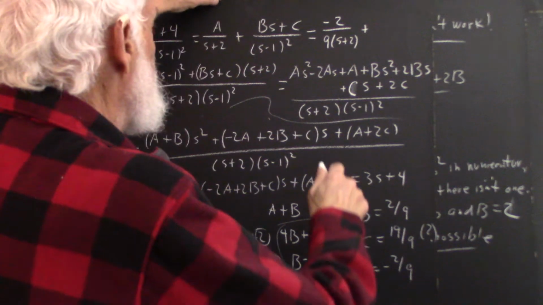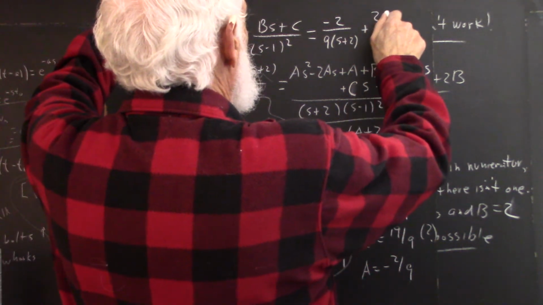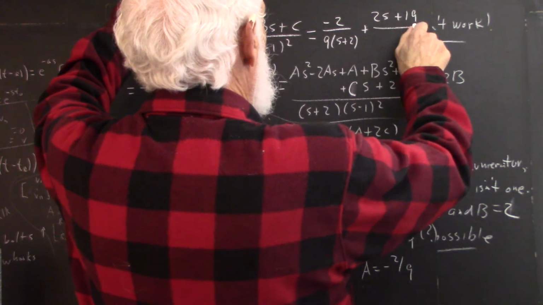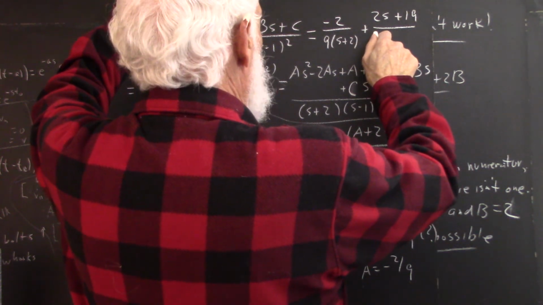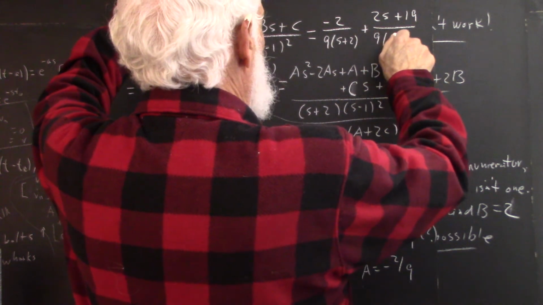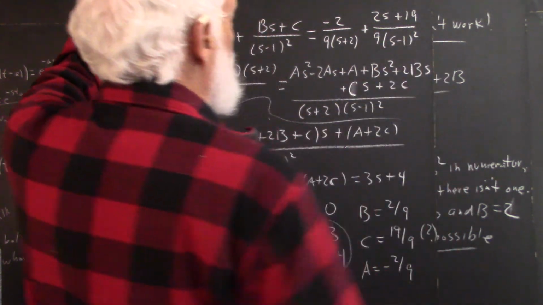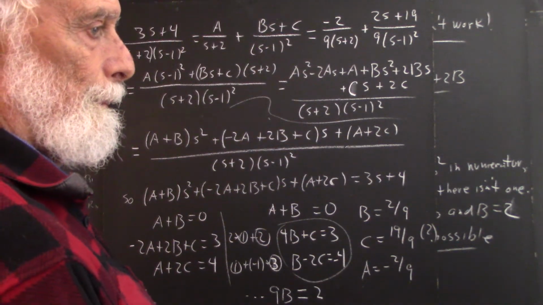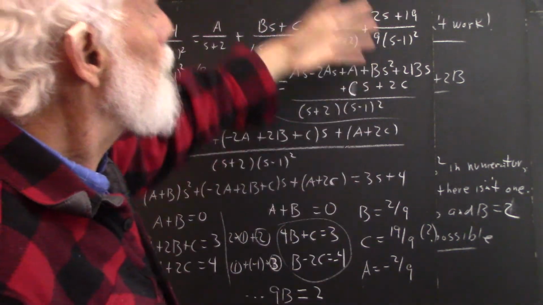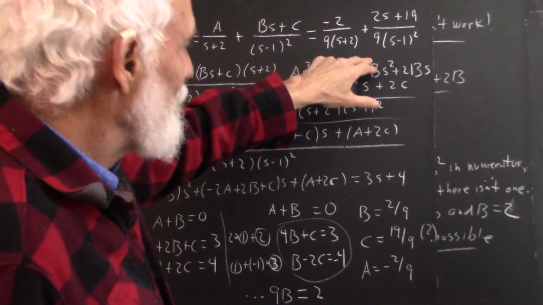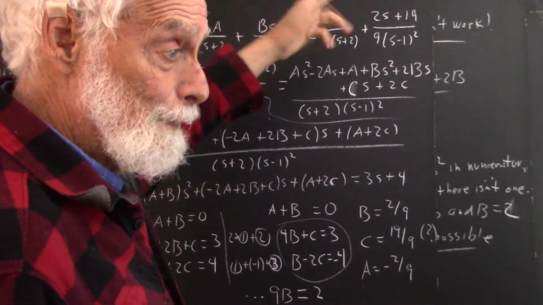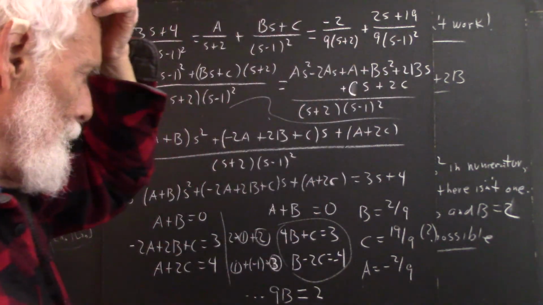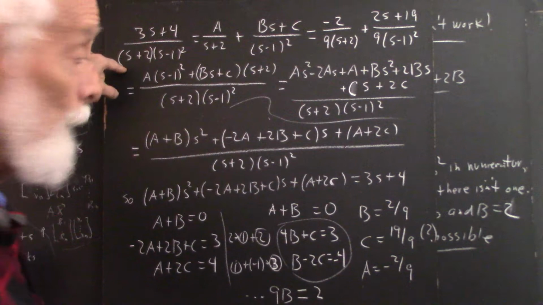That's going to be 2s plus 19 over 9 times s minus 1 squared. We can then check this just by putting this stuff over a common denominator and determine whether it simplifies to this or not.